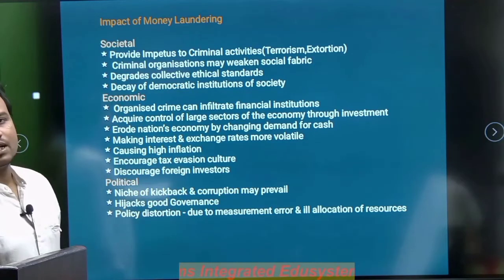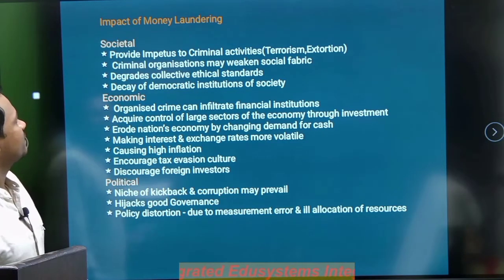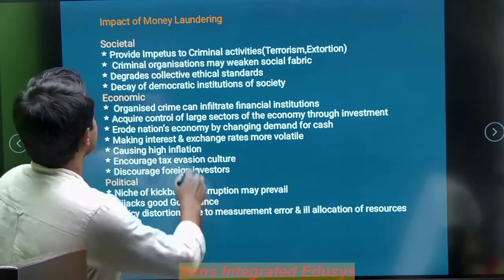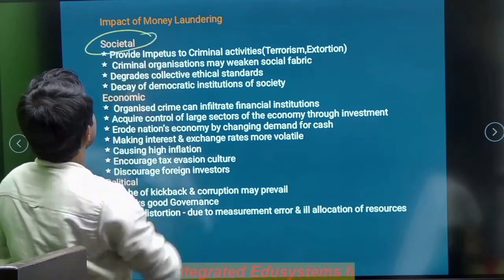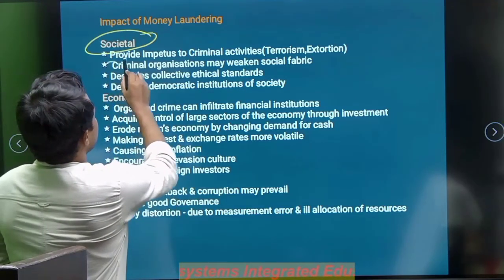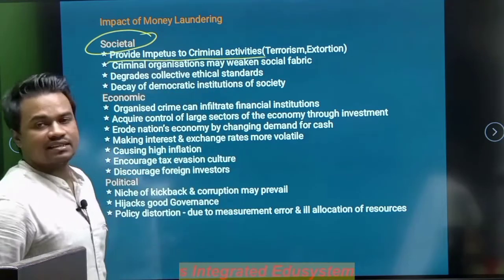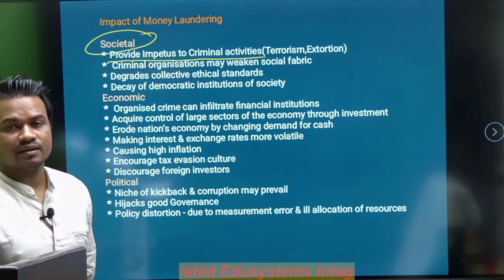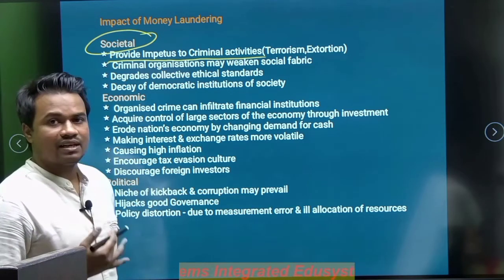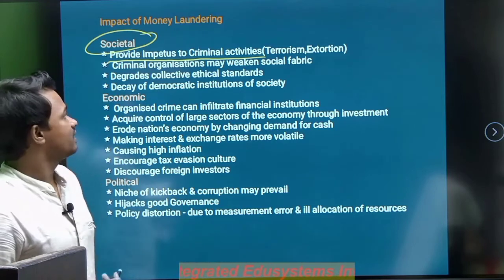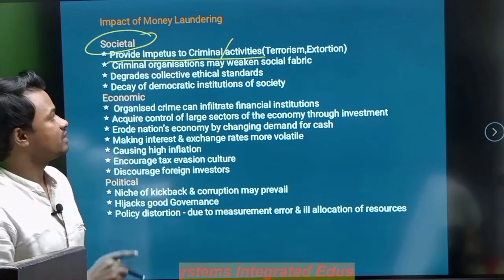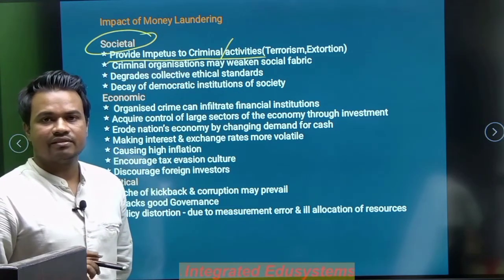Now, the impact of money laundering, if we try to understand what may be the issue because of money laundering. So that is very important, the societal impact. What can be the impact on society? It provides an impetus to criminal activities like terrorism, extortion, or drug trafficking. So this can aid more misery or menace from criminal activities because of money laundering, because for terrorism or extortion, finance is the backbone.